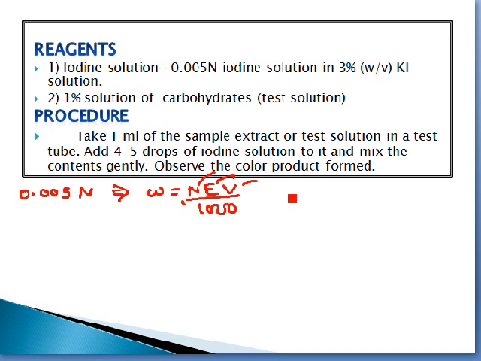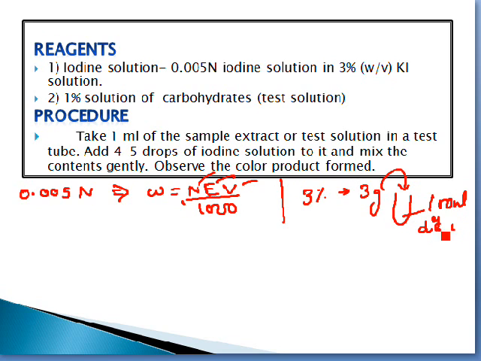This calculated iodine value is dissolved in 3% KI, that means 3 gram of KI in 100 ml of water, and this is the iodine solution.